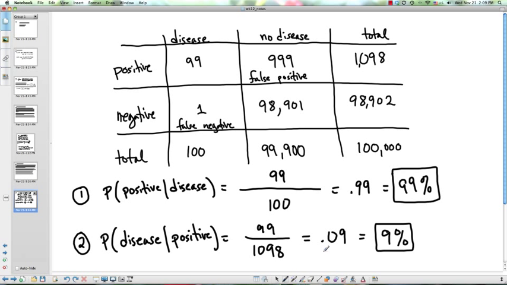So that would be a relief, right? To realize that there's only a 9% chance you have the disease. Well, how could that even happen? What's happening is that we have way too many false positives in this situation. So you wouldn't really want to have 100,000 people necessarily take this test, or even if they did, you'd have to have something else. Just like in the prosecutor's fallacy, you'd have to have something else besides just the statistics.